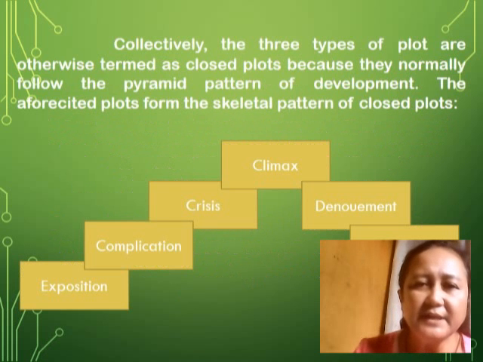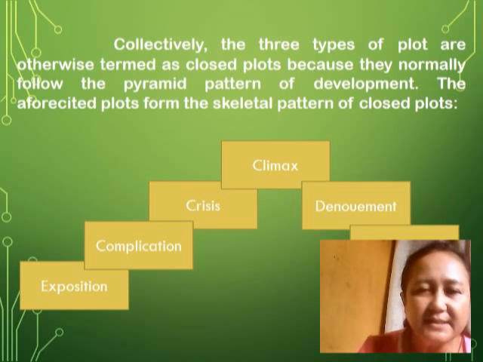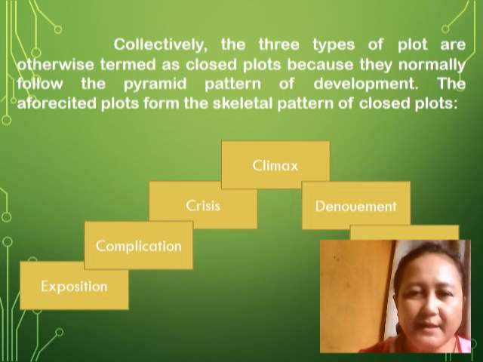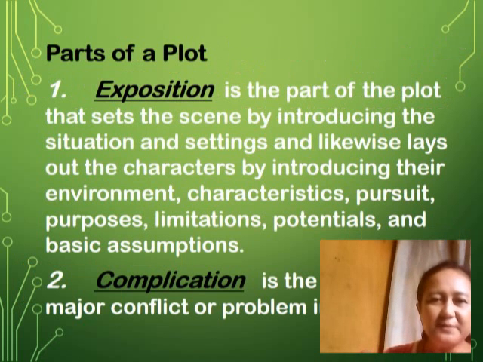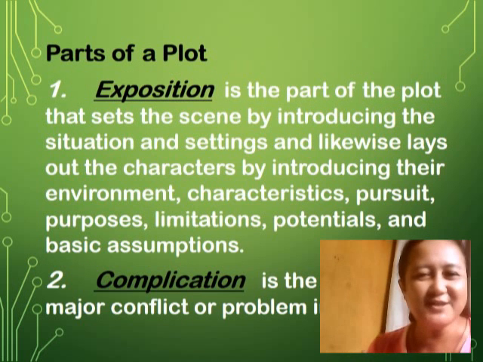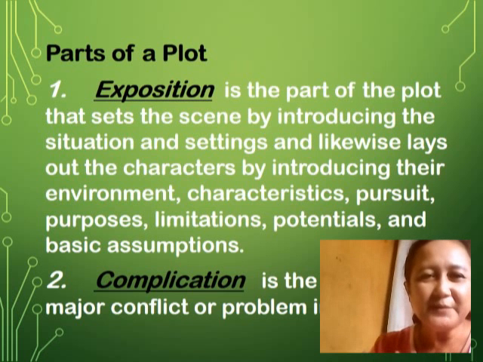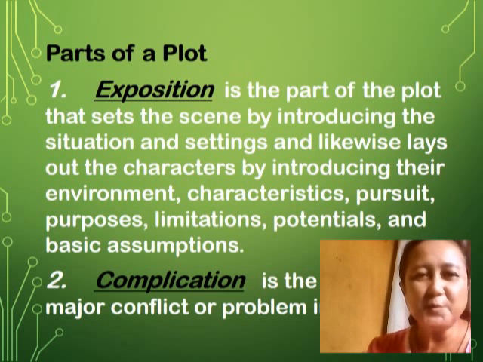Okay, so collectively the three types of plot are otherwise termed closed plots because they normally follow the pyramid pattern of development. So the four-sided plots form the skeletal pattern of closed plots. Okay, and then we have the parts of a plot. We already know this, no? This is the introduction part, the exposition, in which the scene is introduced, the situation, the setting.